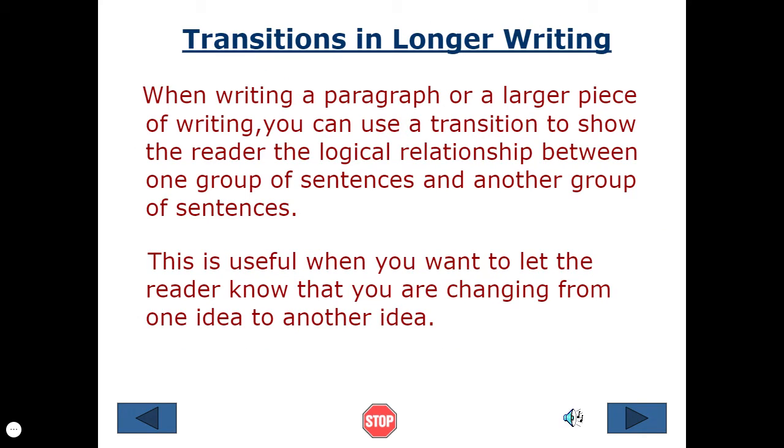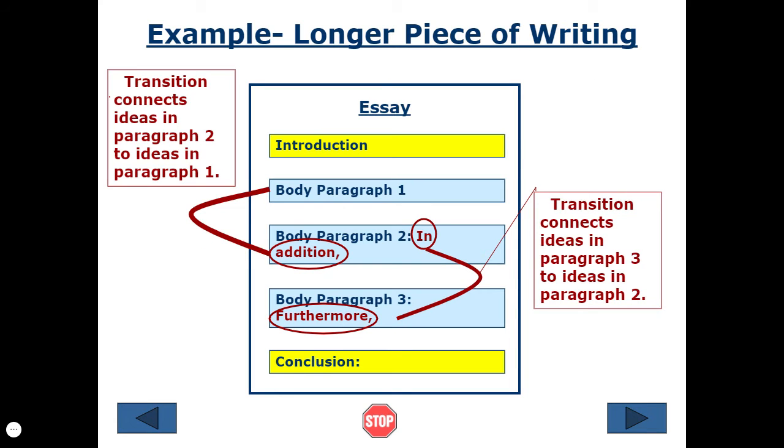When we talk about between groups of sentences or using transitions in longer writing, you need to realize that these are super important as well because they show the reader the logical relationship between one paragraph or group of sentences and another. And it really helps your reader know when you are changing from one idea to another. So as you write, you have your introduction and then you have your first body paragraph.